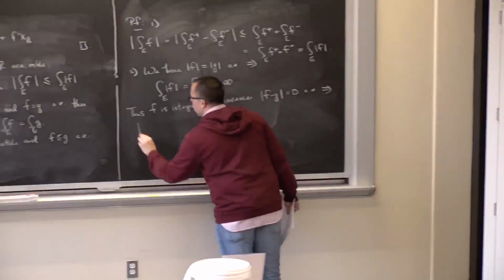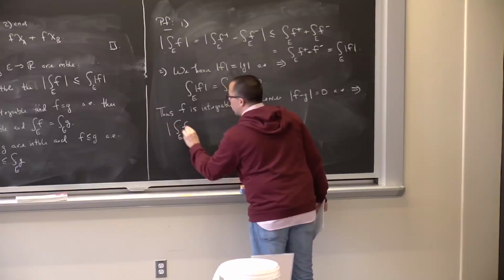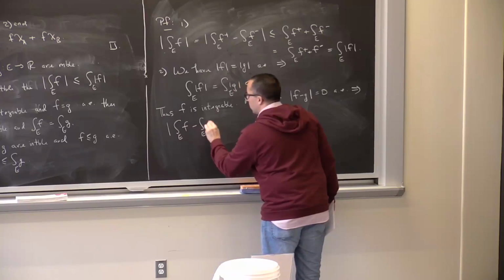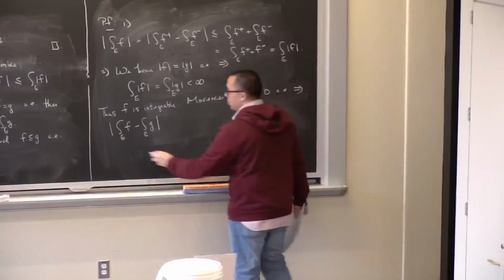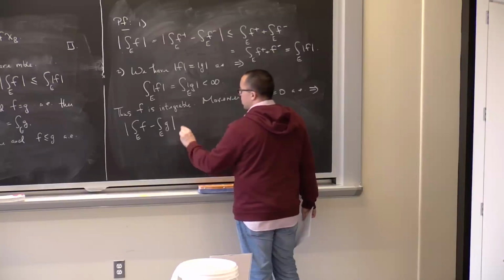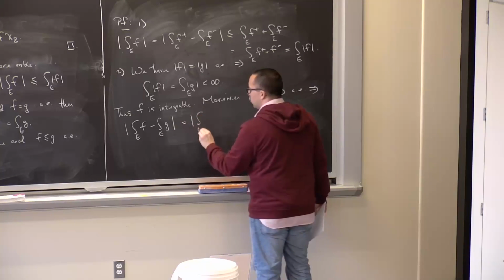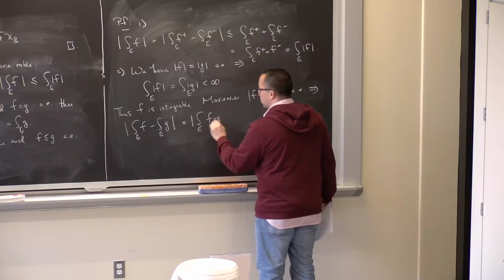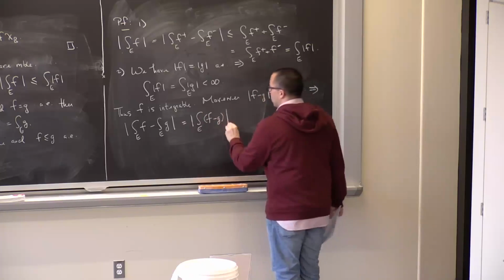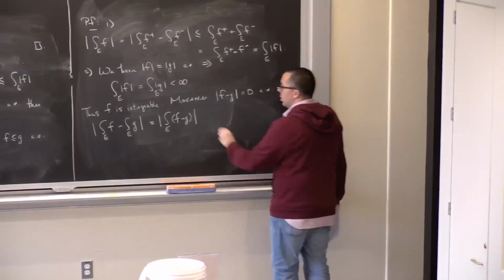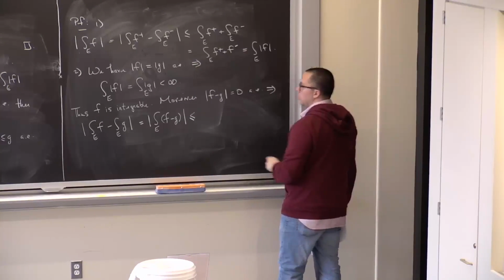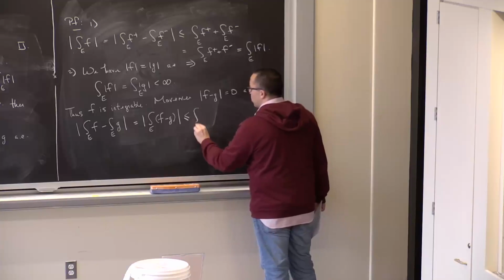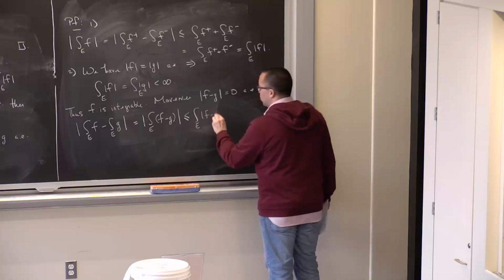And therefore, if I look at the absolute value of the difference of these two integrals, this is, by linearity, equal to the integral of the difference, which by the triangle inequality for Lebesgue integrals is less than or equal to the integral of the absolute value.